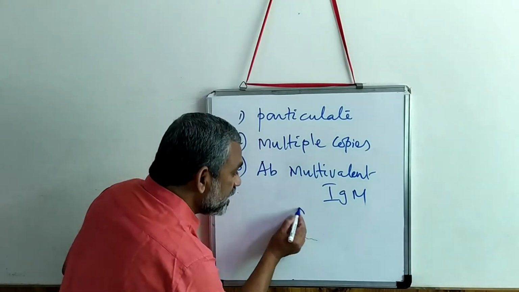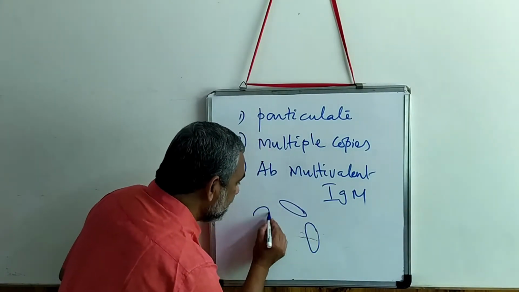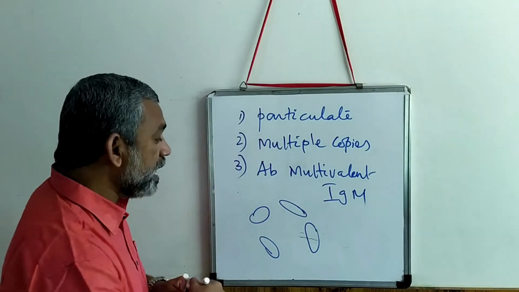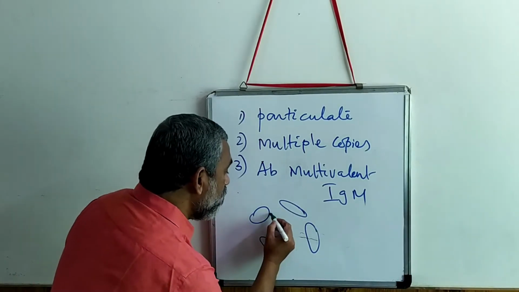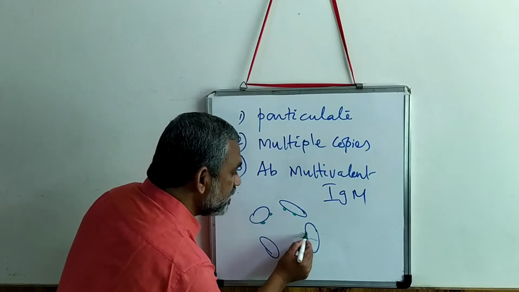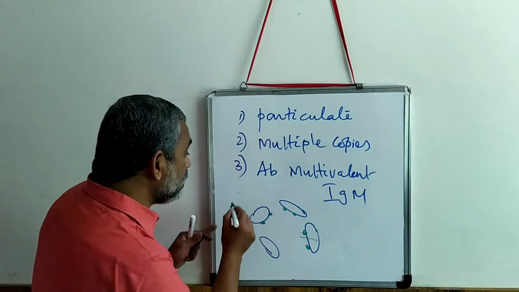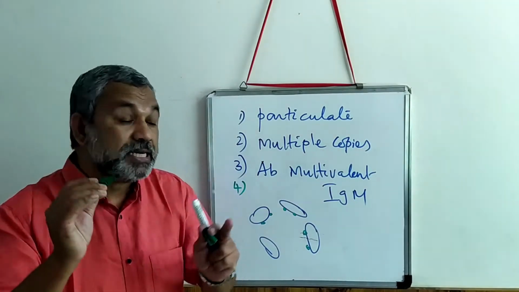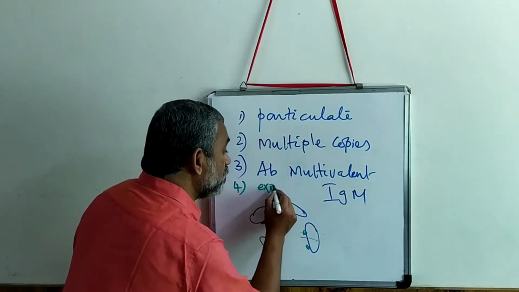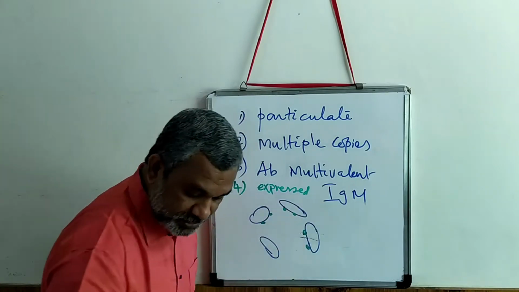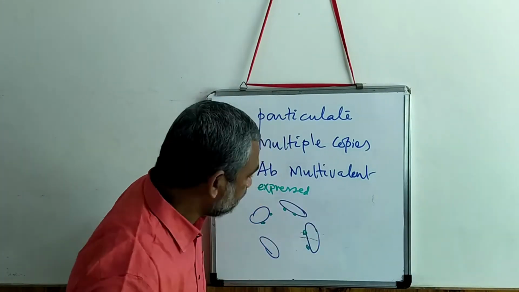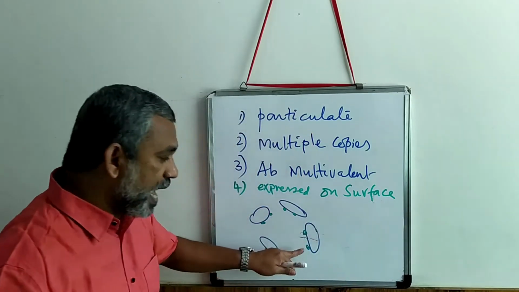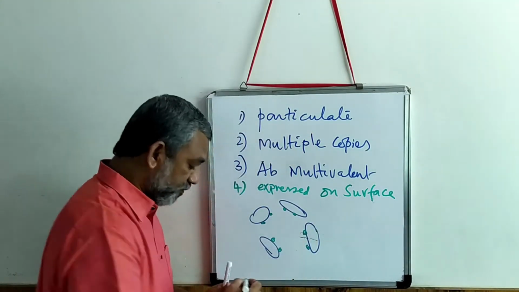Understand, if there are bacteria, the bacteria are linked by antibodies; there has to be more than one antigenic determinant. And the fourth condition is the antigenic determinant should be expressed on the surface. So therefore these antigenic determinants are expressed on the surface.